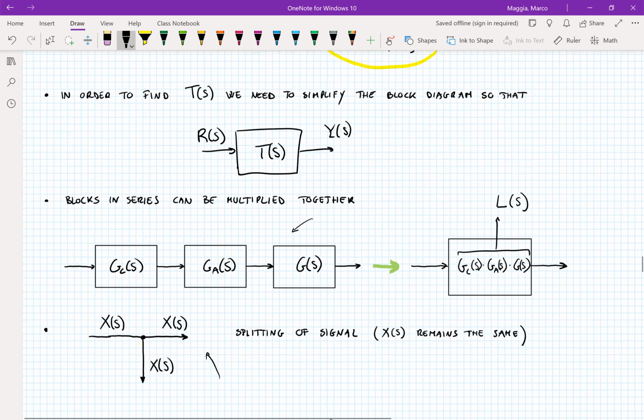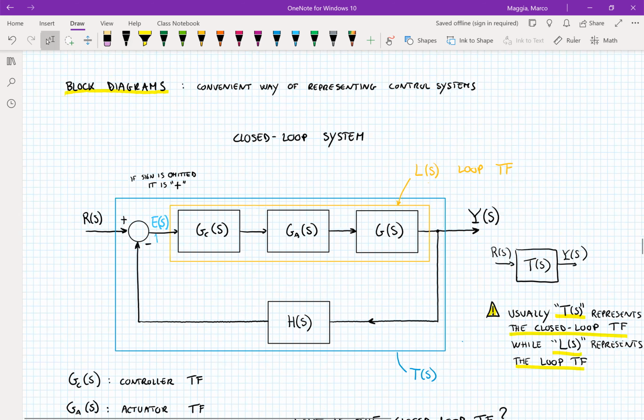Starting from the first signal after the summing junction, that is E of S, we go backwards until we hit signals that we know.